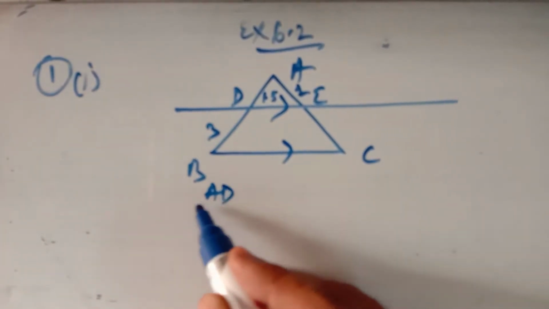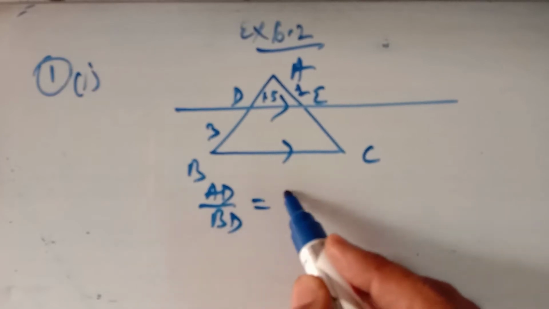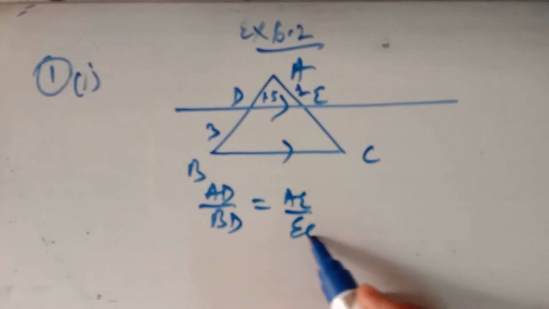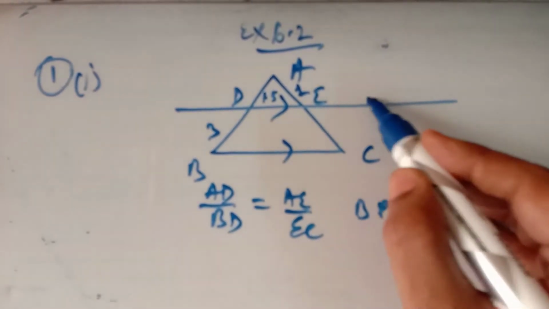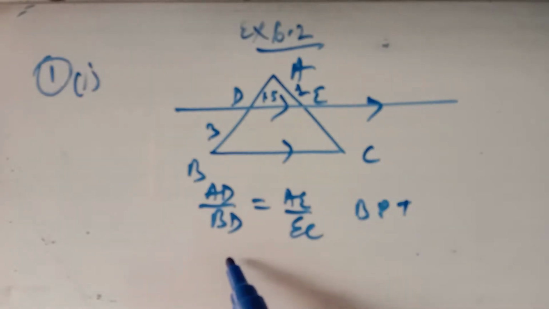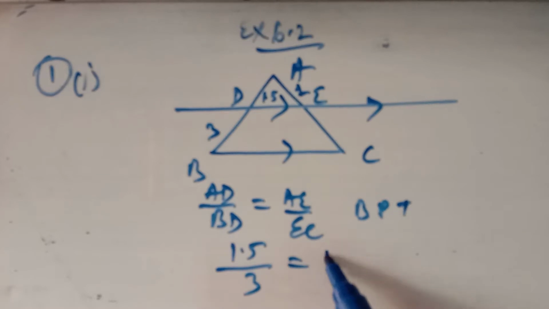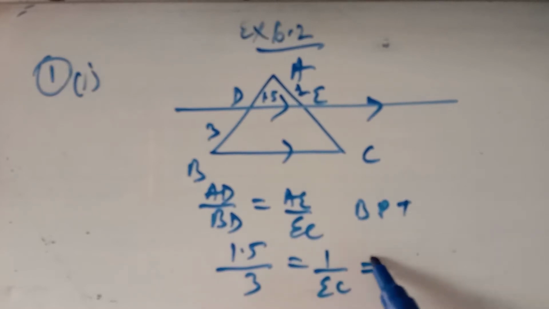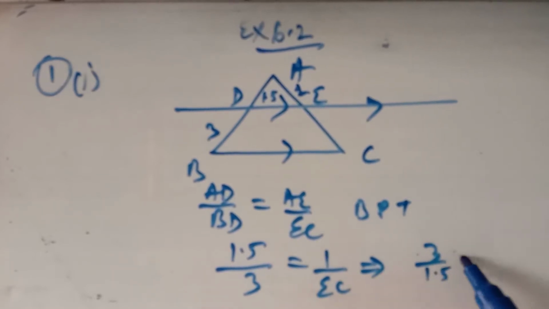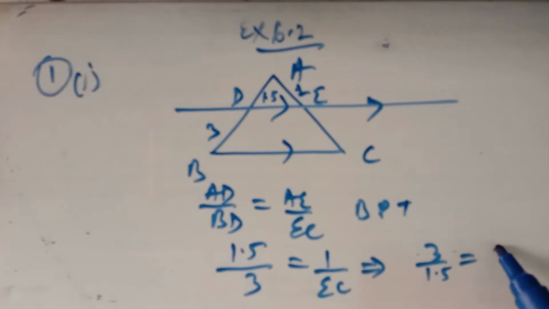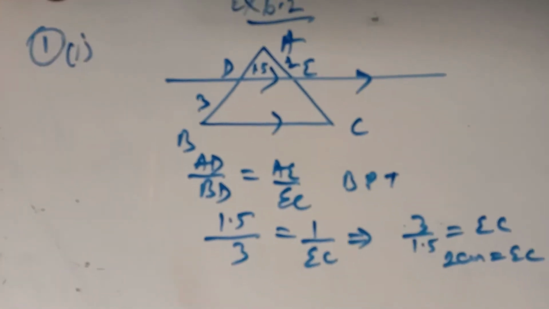So you can write AD upon BD is equal to AE upon EC, by the BPT theorem, because this line is parallel to this. So 3 upon 1.5 is equal to EC, which is equal to 2 centimeter. So EC is 2 centimeter here.